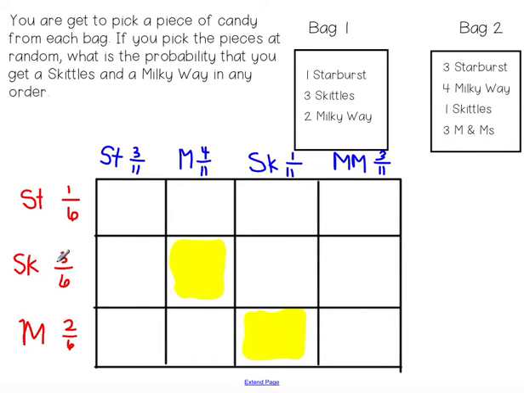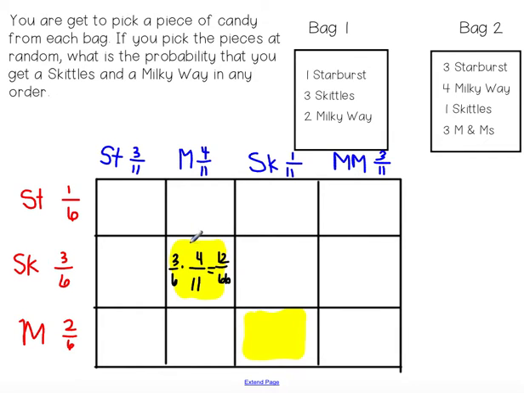So again, in order to find the probability, we do need to multiply those probabilities together. So we have 3/6 times 4/11. And we get 12 out of 66.